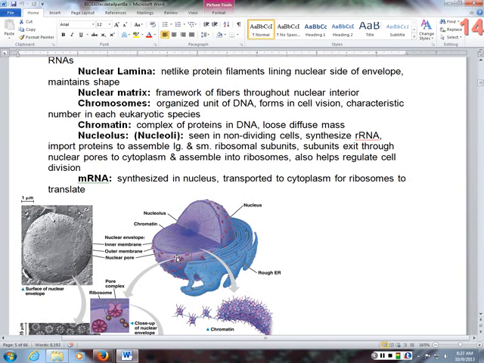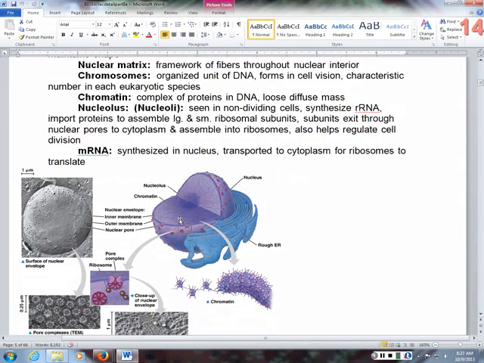We also have the nucleolus. If you've got multiple of them, they're called nucleoli. This will be in cells when they're not dividing. And this is going to help to synthesize the rRNA that you use to make proteins and make your ribosomes. And the ribosome has a large and small ribosomal subunit.